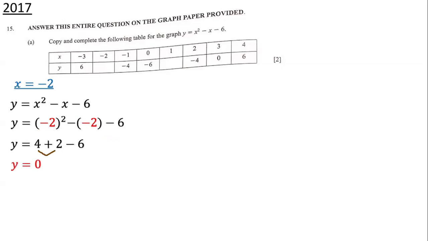I just put 0 there. So it's gonna be y is equal to 4 plus 2, which is 6, but it's gonna be minus 6. And what is 6 minus 6? 0. Very good. So y is equal to 0. That's how I got that. So the value of y when x is -2 is gonna be 0.